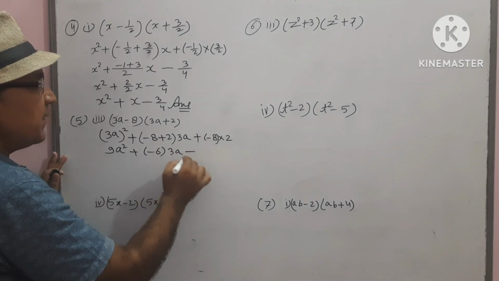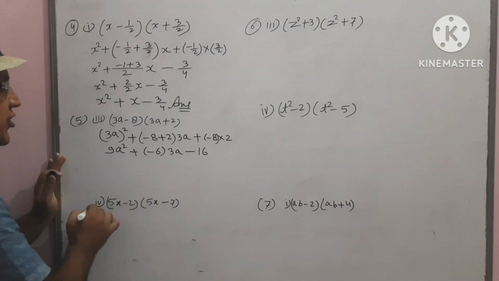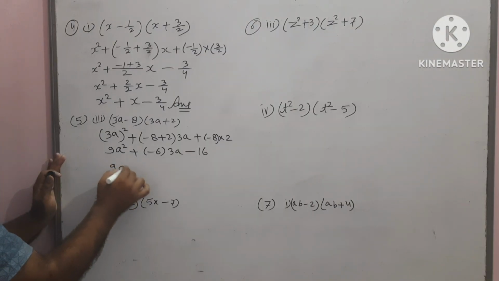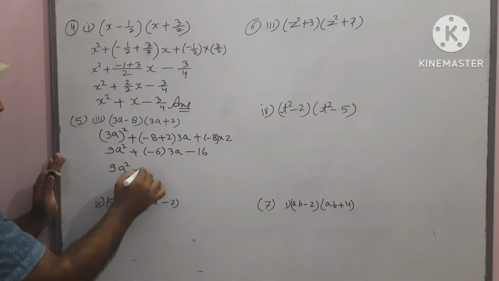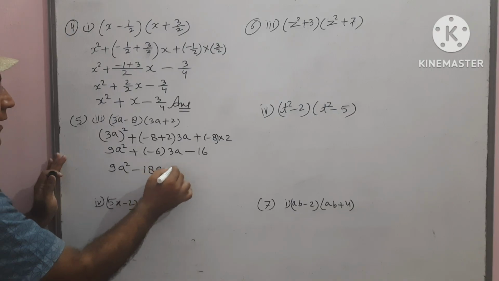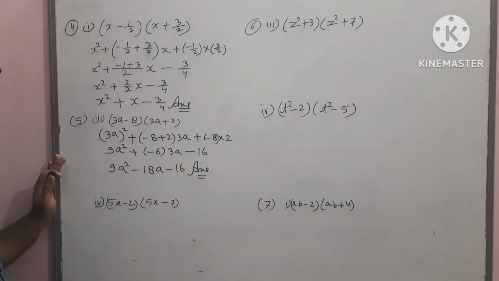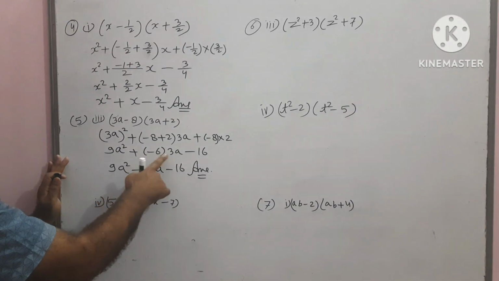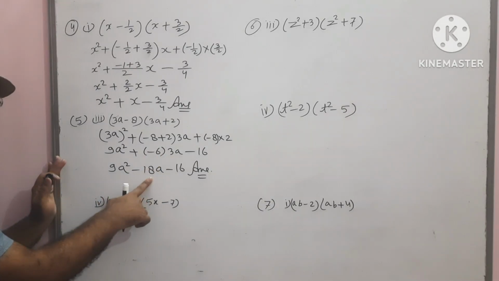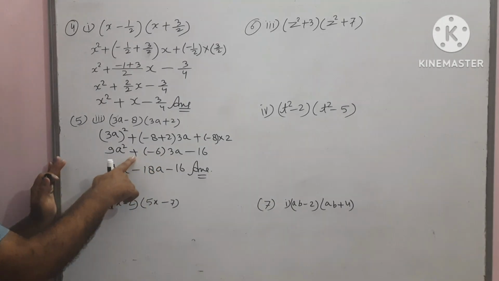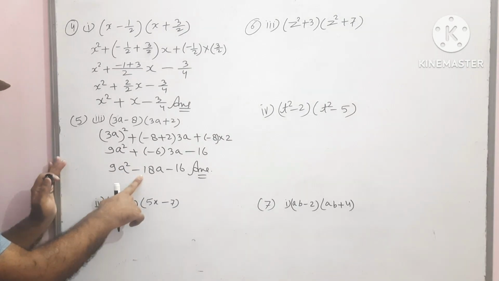Minus into plus becomes minus. 8 into 2, 16. Now 9a square minus 18a minus 16 is your answer. Minus 6 is multiplied by 3 becomes minus 18, and minus 18 is multiplied by plus becomes minus 18.